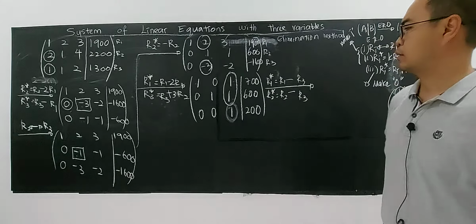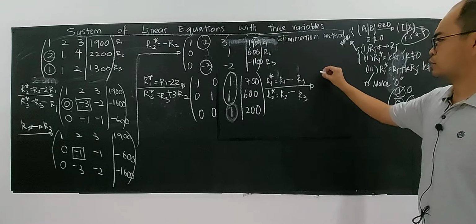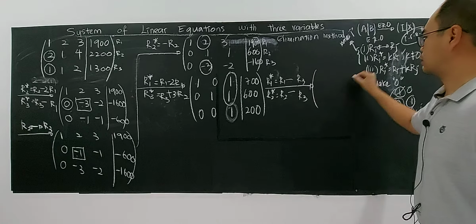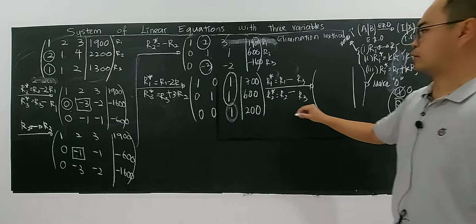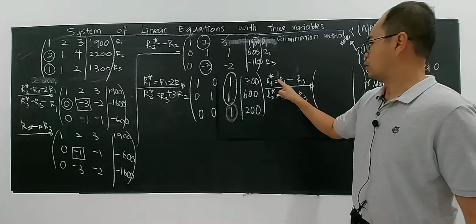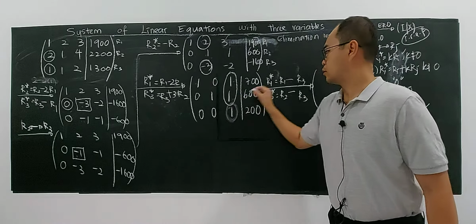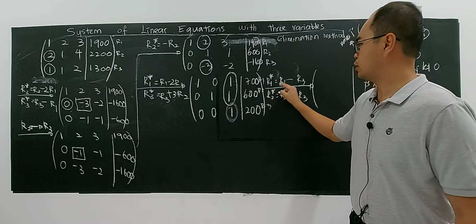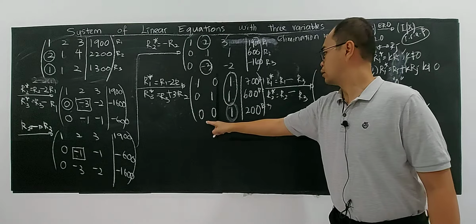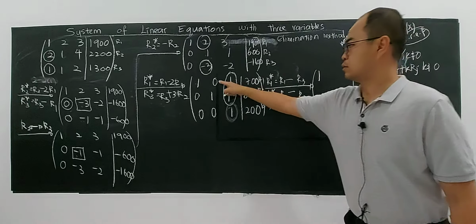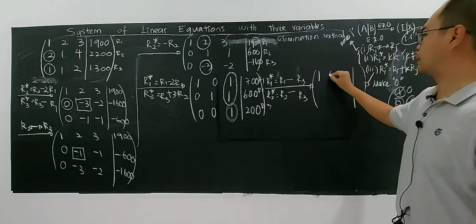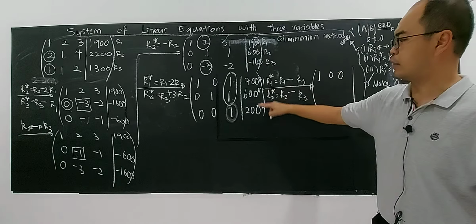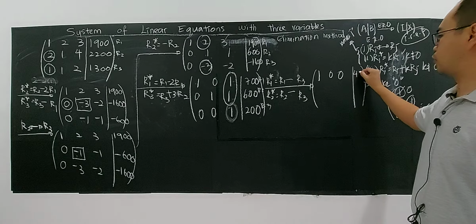So just minus, then you will get what you want. This is row 1, this is row 2, this is your row 3. Row 1 minus row 3, you have 1, 0, 1 minus 1, 0, 0, 700 minus 200, 500.